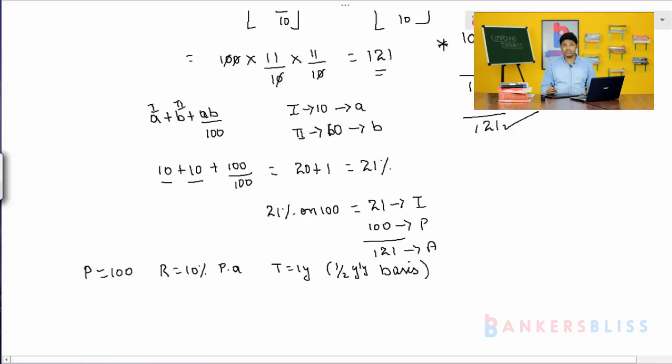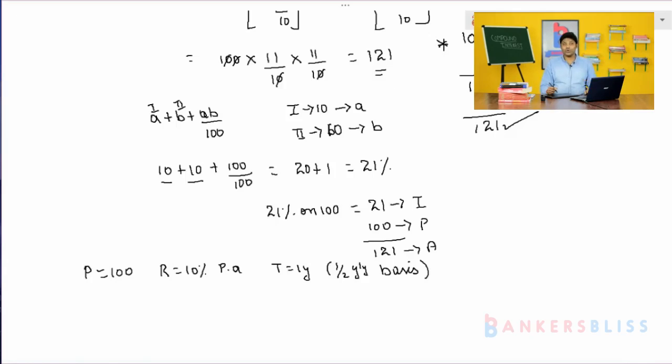Half yearly basis means in each year you have to calculate twice. First half year one time you have to calculate the interest, second half year one time you have to calculate the interest. Altogether in 1 year you are calculating interest 2 times.